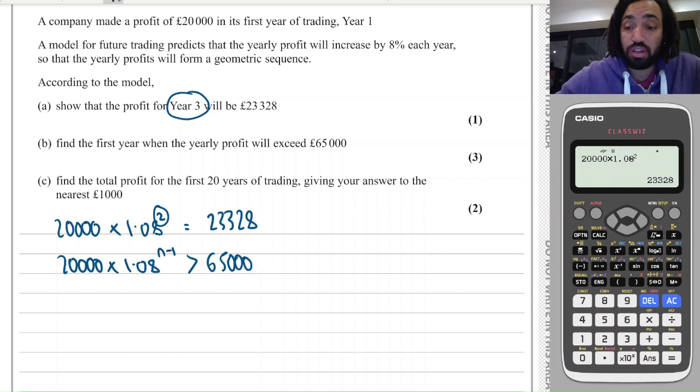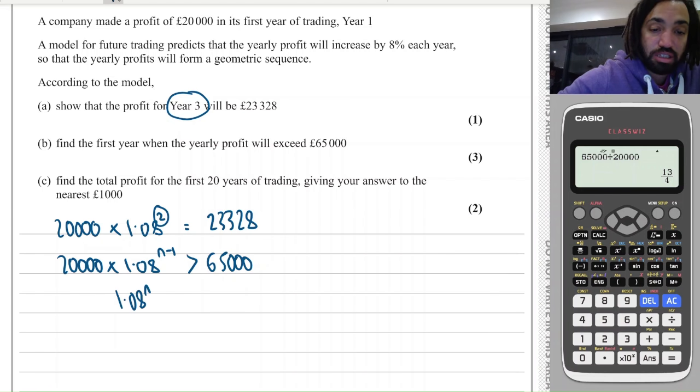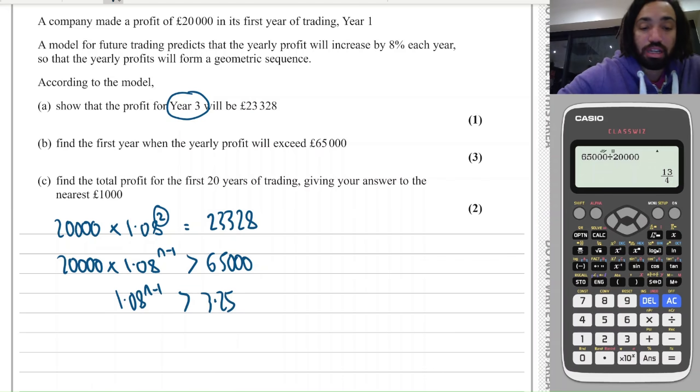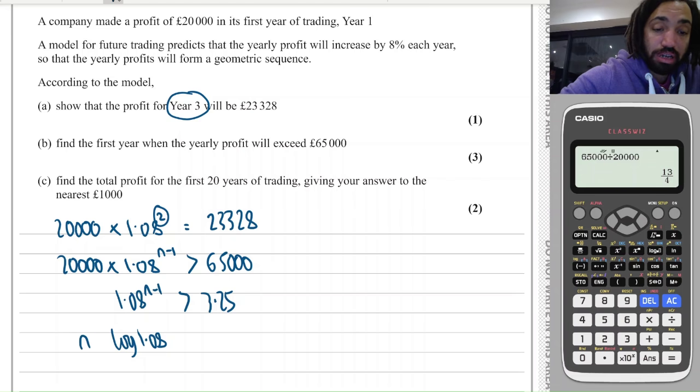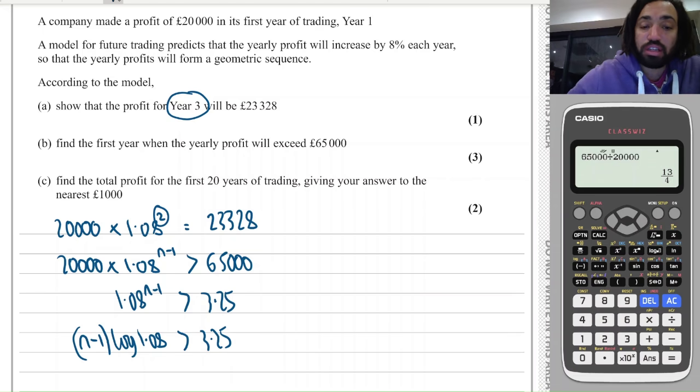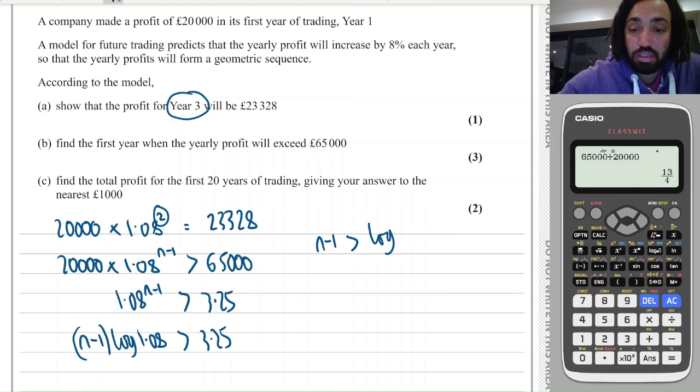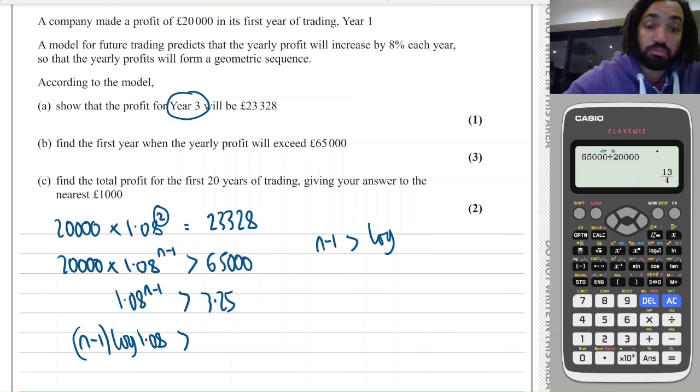So dividing through by 20,000, 65,000 divided by 20,000, we get 3.25. And then I can take logs of both sides, and what that will do is allow the power to come down, and then I can divide through.